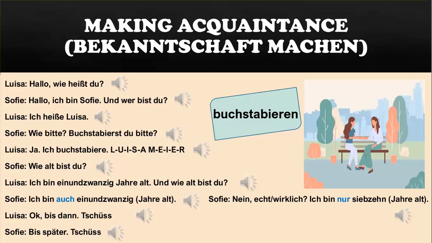But in German, once again, the position of nur will be just after the main conjugated verb, just like for the word auch. So auch and nur are positioned in German sentences or even questions just after the main conjugated verb.